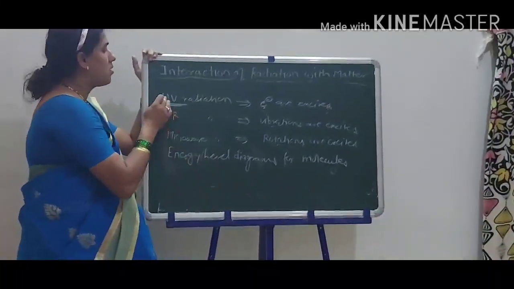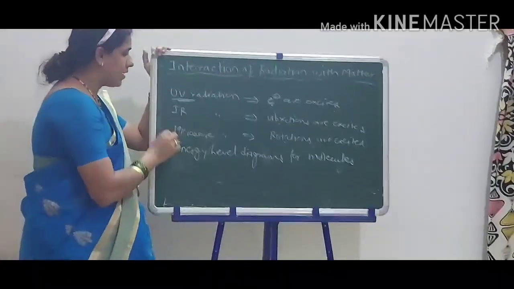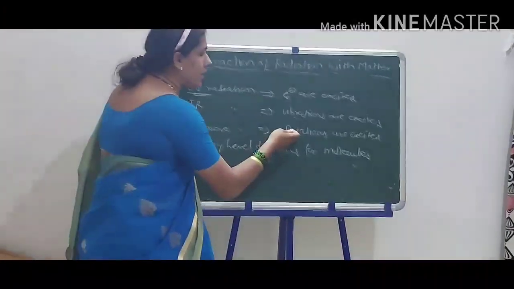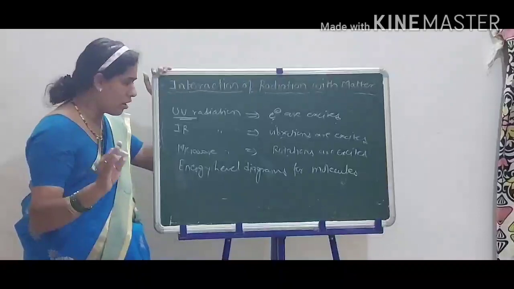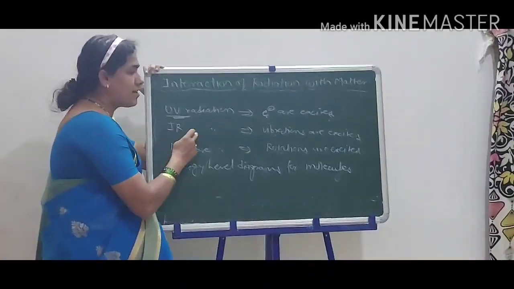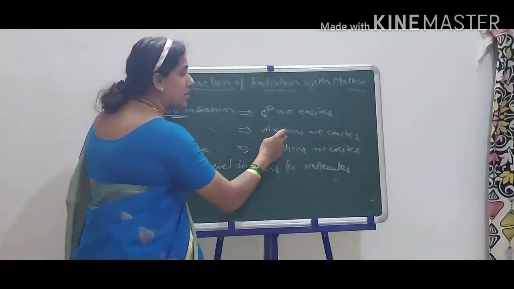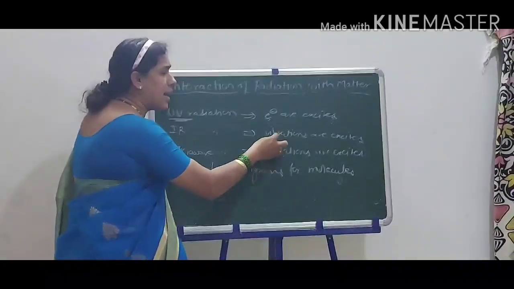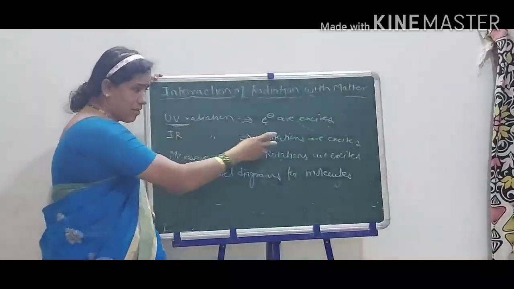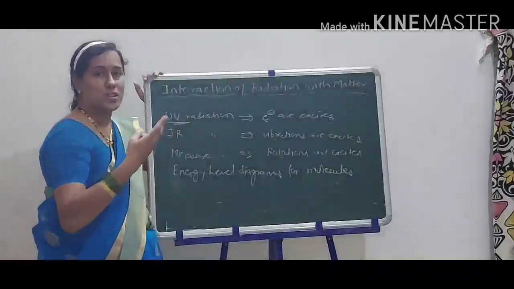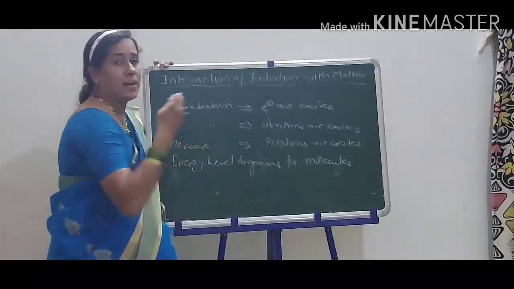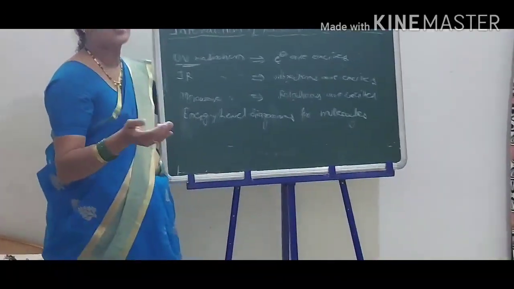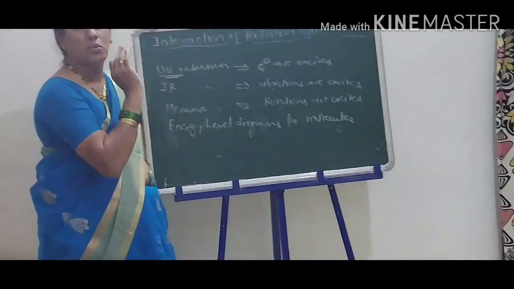Of these three, UV radiations are the strongest. When microwave radiations are absorbed, only rotational energy levels are observed. When IR radiations are absorbed, both rotational and vibrational levels are involved. And when UV radiations are absorbed, three excitations, rotational, vibrational, and electronic energy levels, are involved.